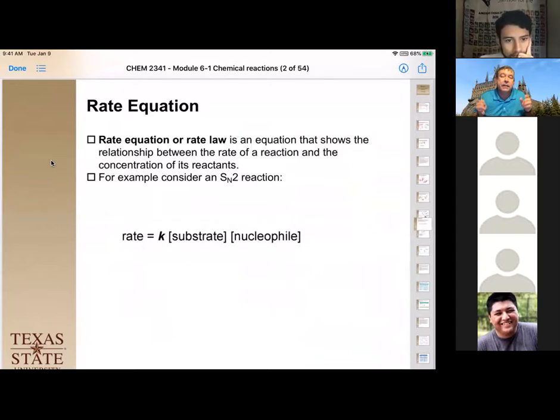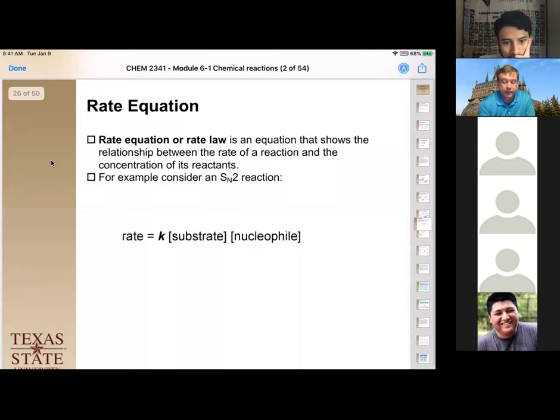And basically it's a way of telling us what's important for the reaction to progress at a specific rate. Now, most rate equations, the actual rate law is actually measured. It's not theoretically derived. So the actual K value is measured. So don't try to take anything away from that.